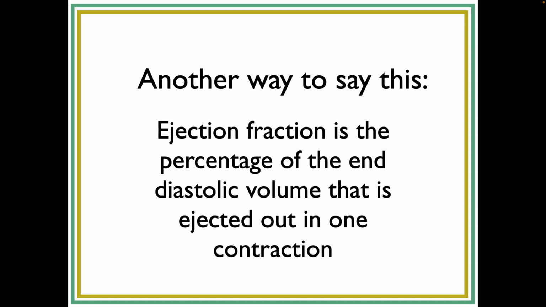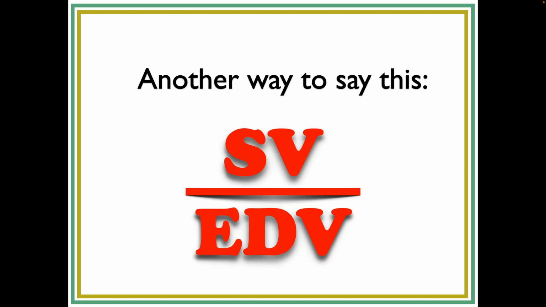So the ejection fraction is the percentage of the end diastolic volume, or preload, that is ejected out in one contraction. Koa very accurately said that a fraction is one number over another. With ejection fraction, the first number is the stroke volume, and the second number is the end diastolic volume, or preload.